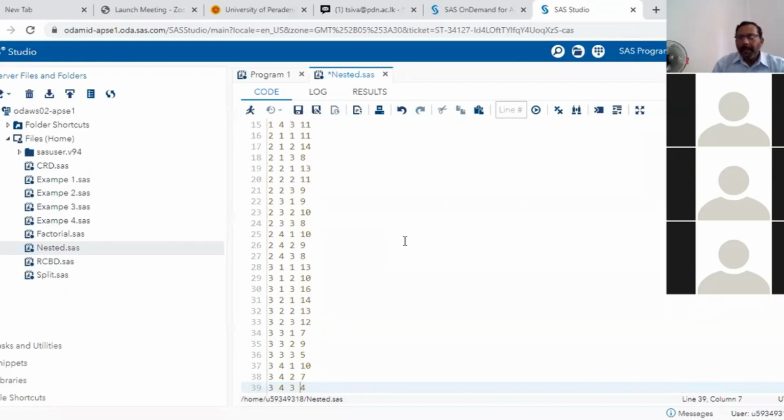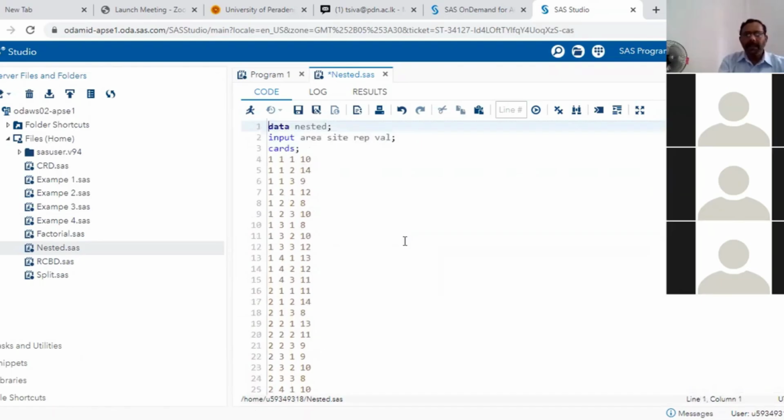Right, so people who have SAS, you'll have to do it by yourself, because I already instructed you to enter the data before we do the analysis. So that is easy for us. Otherwise, it takes about half an hour to enter the data. Is it okay with the first information? Initial introduction information, data, input statement, cards.